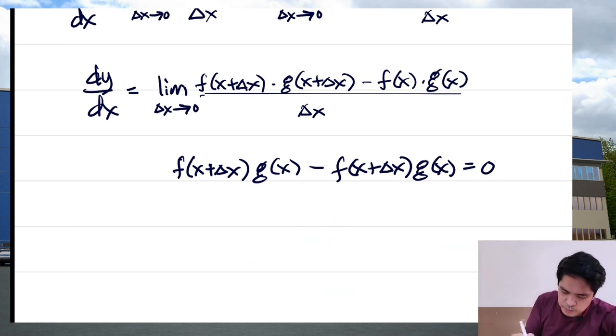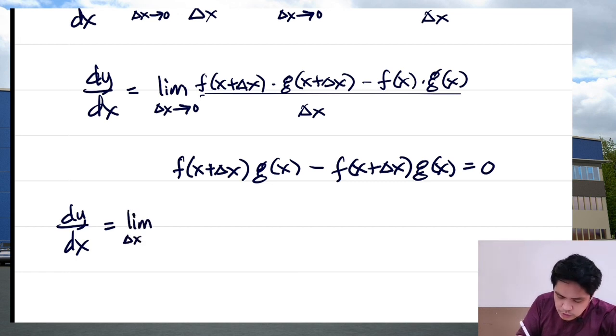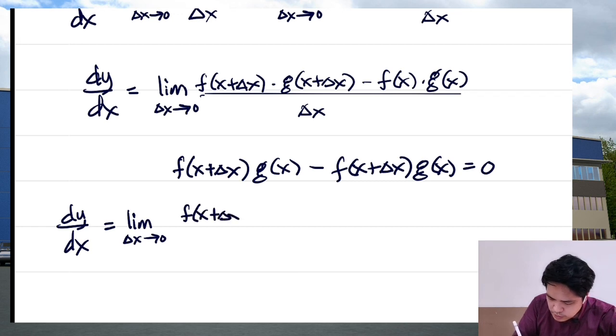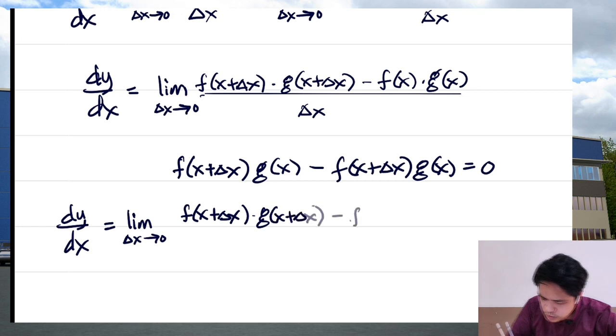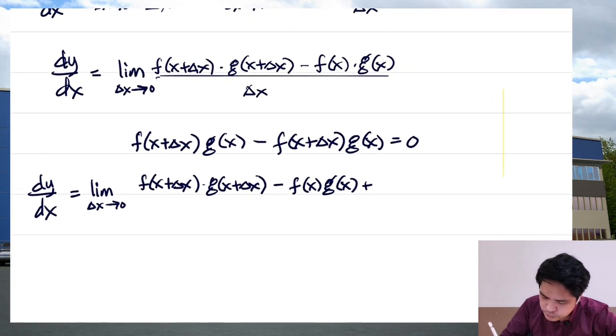Okay, let's see. So we'll have dy over dx, that's equal to the limit as delta x approaches 0 of f of x plus delta x times g of x plus delta x, plus the additive identity that we introduced, which is just 0. So the value is not changed because we only added 0.